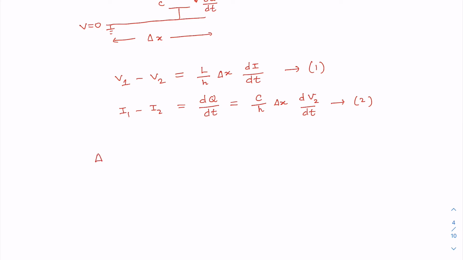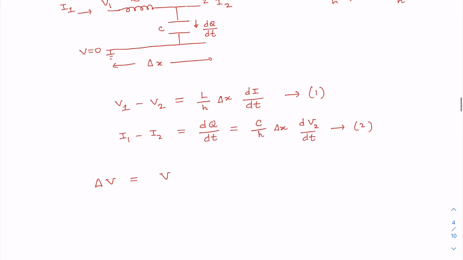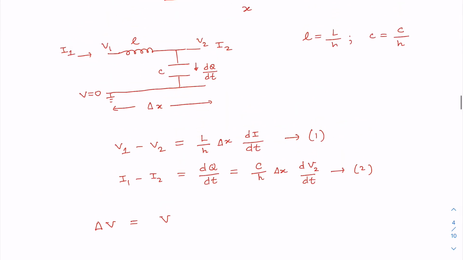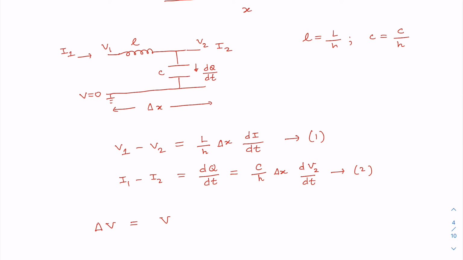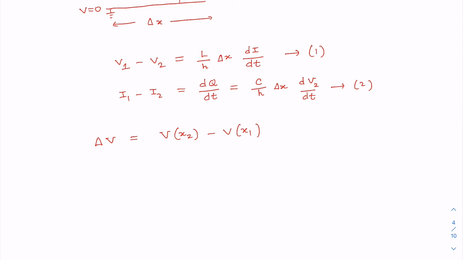So the potential difference delta V, I can actually write it as, because I am considering it a continuum kind of transmission line, though very small inductance and capacitance are there, I can write the potential difference as V of x2 minus V of x1 at two different locations, and this I can also write as delta V by delta x if I divide it by the length.